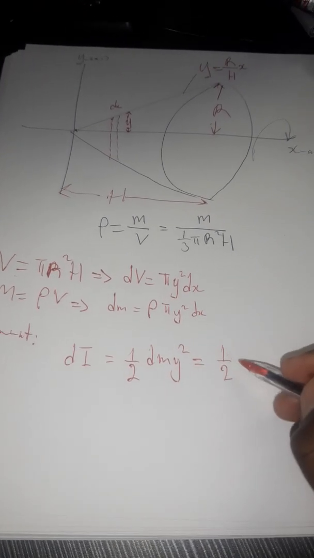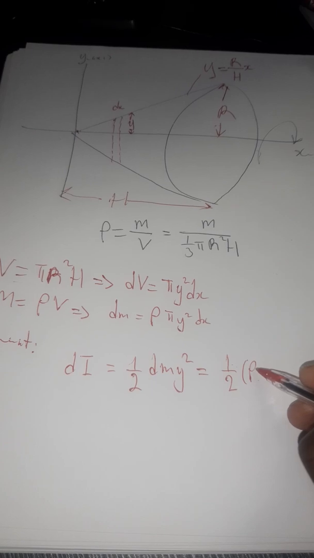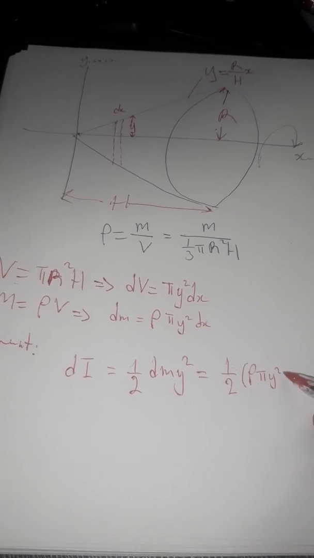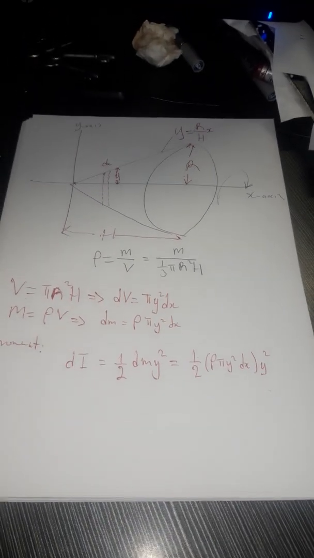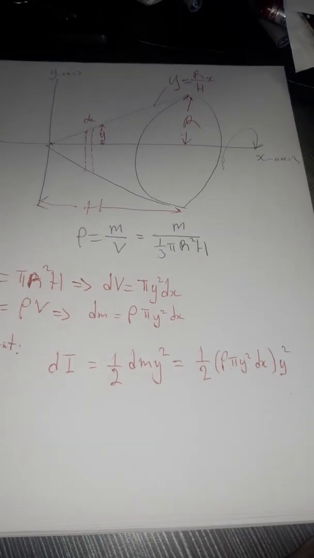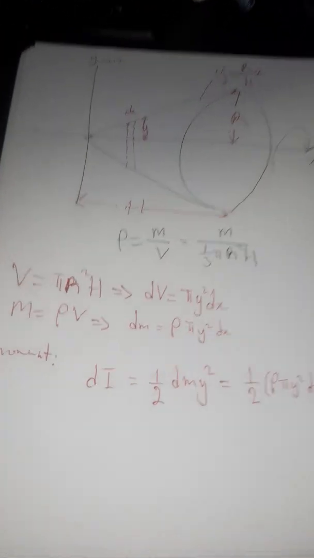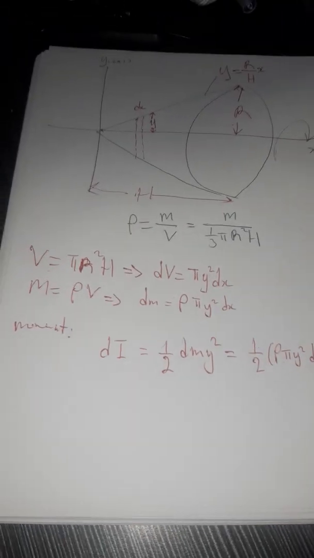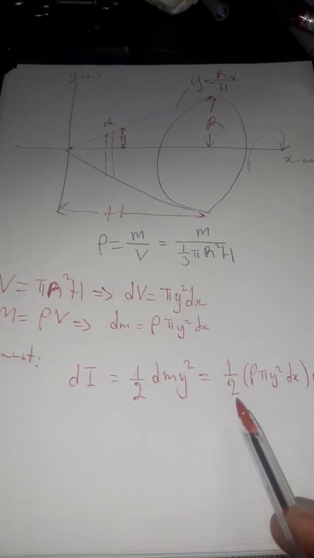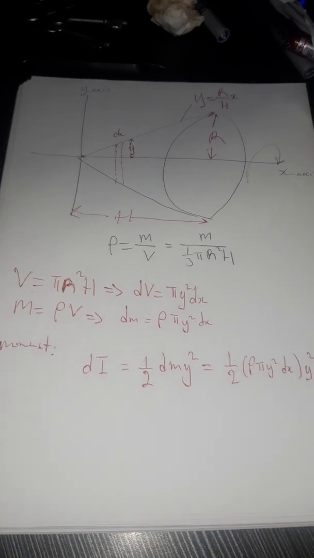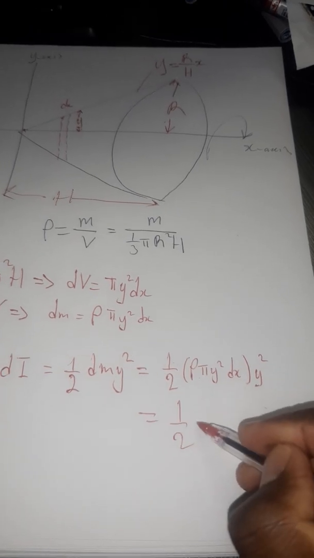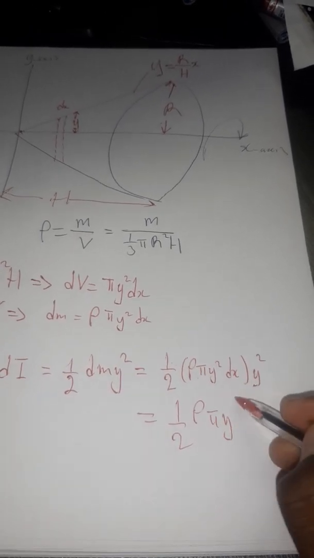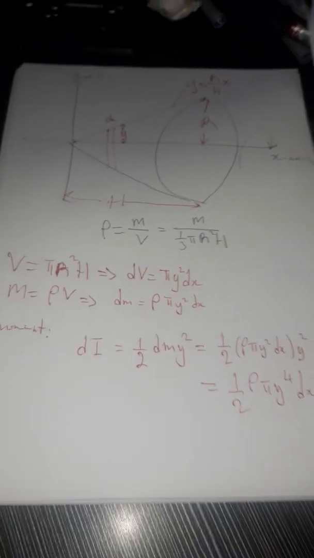We know the mass of the small disk is rho pi y squared dx, times this y squared, which is the radius squared. If we simplify this, it will be half rho pi y to the power 4 dx.